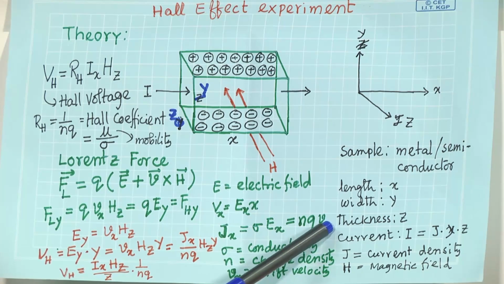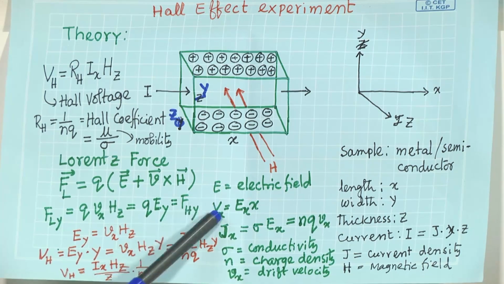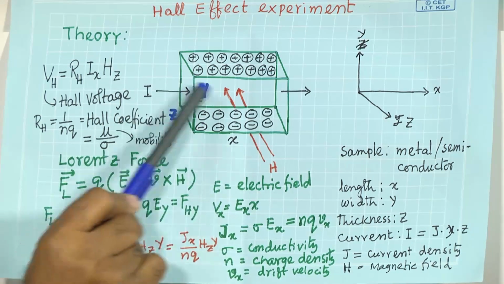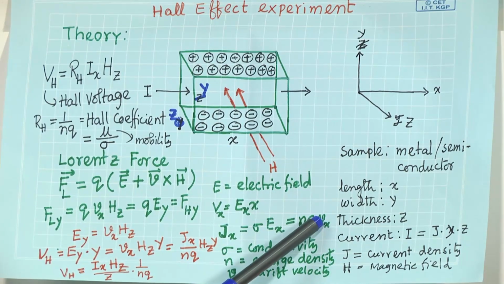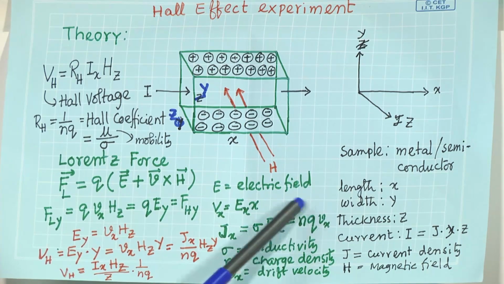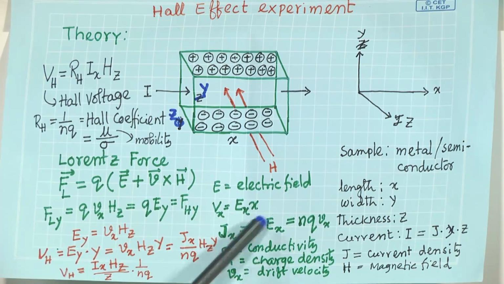Here this small vx is the velocity, the drift velocity of the electron or carrier, and this capital Vx is the voltage. Capital Vx is the voltage. So this is the relation, the general relation between electric field and the current density.